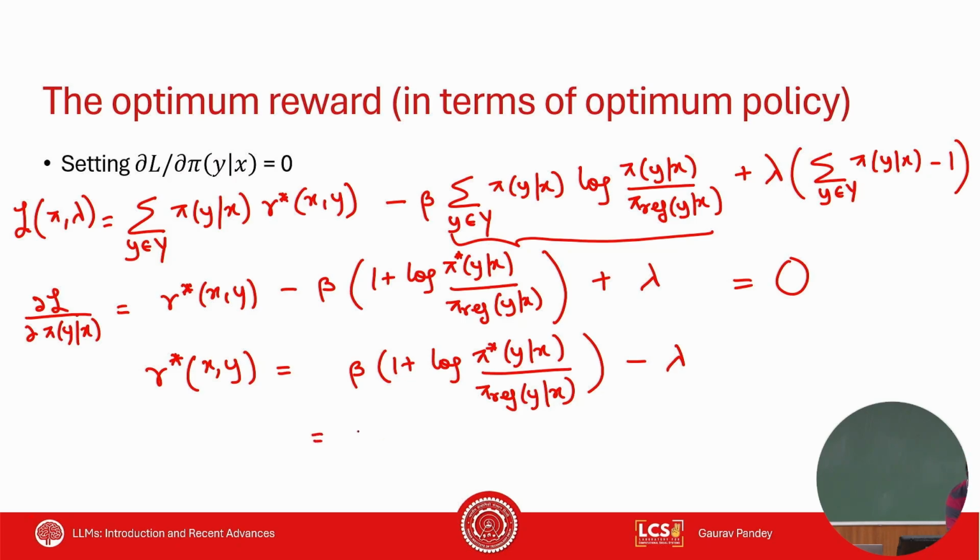Or let me write it as beta log pi star over pi ref, plus beta minus lambda.